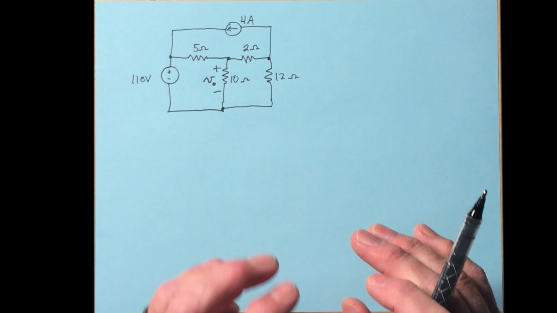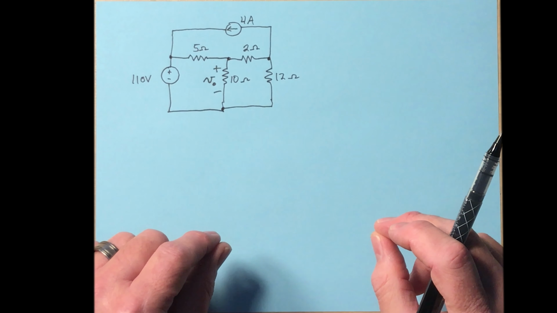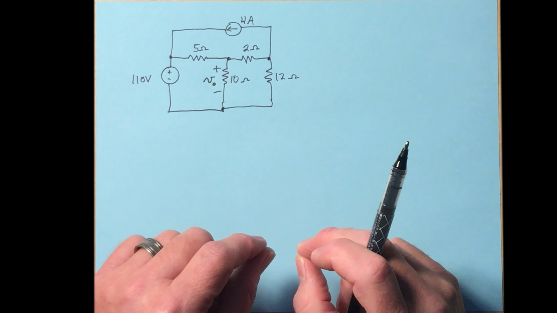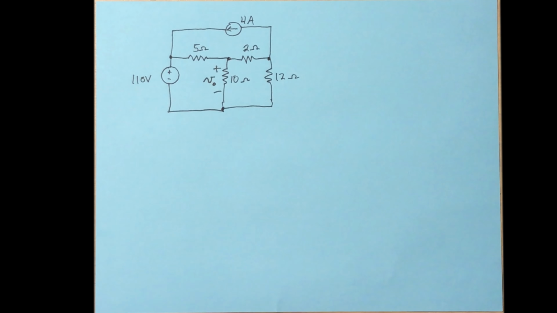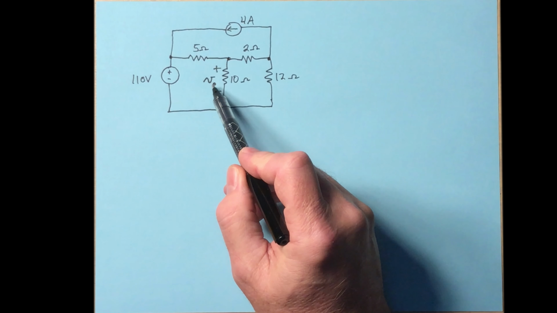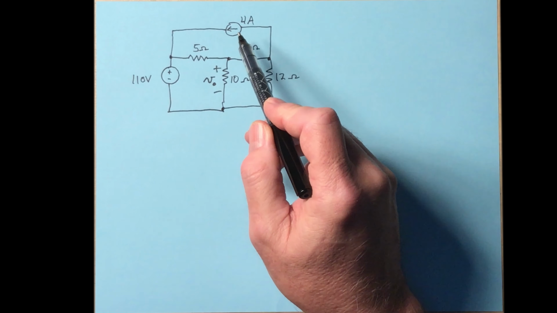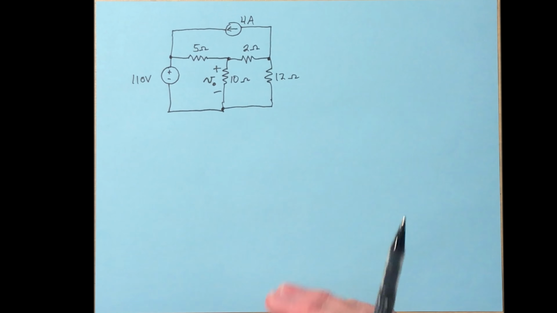Then take those two voltages, add them together, and for circuits you just algebraically add them. The resultant is V0, the output voltage across the 10 ohm resistor when both sources are present. So you essentially solve the circuit twice and then sum up the results.